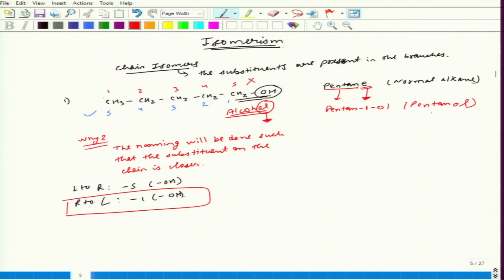If there is nothing written, that means the substituent is on position number 1.